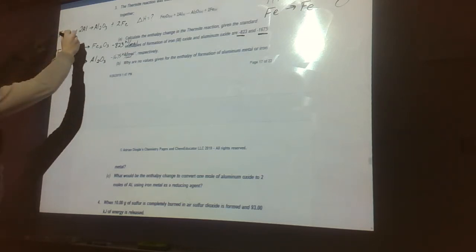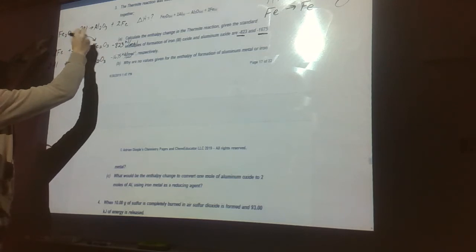Okay, so now that we have our enthalpies of formation, we need to combine these two reactions, rearrange them, to where we have this as our overall. That's our goal. So, I need iron oxide to be a reactant, not a product. So I'm going to flip this whole reaction. And I'm going to rewrite it just so you can see it.